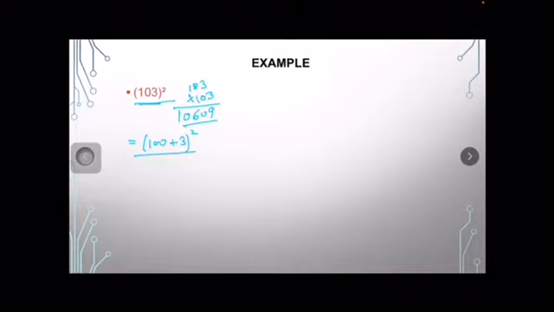So to solve this, what do we do? We use the formula of a plus b whole square, right? Do you know the formula of a plus b whole square? Yes, it is a square plus 2ab plus b square, right? After using this formula, we can easily solve it. Here we put 100 in place of a and 3 in place of b.